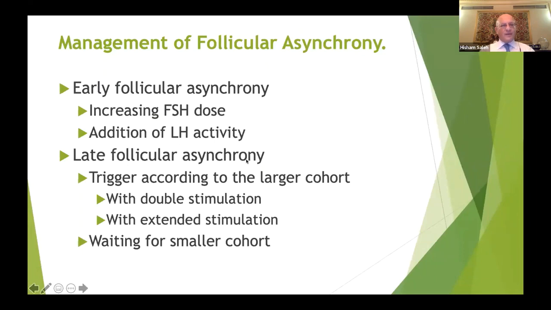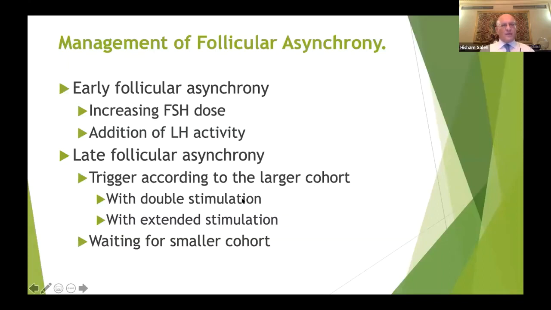Late follicular asynchrony: if you are faced with late follicular asynchrony and you are waiting to decide when to trigger, you can trigger according to the larger cohort, if the smaller cohort is small and you are afraid of hormonal imbalance and rise in progesterone. Or you can use double stimulation.